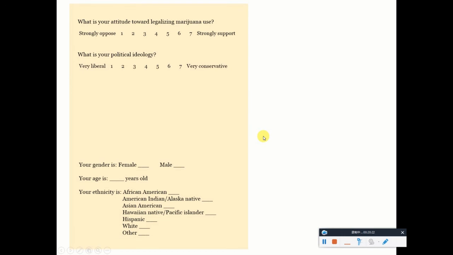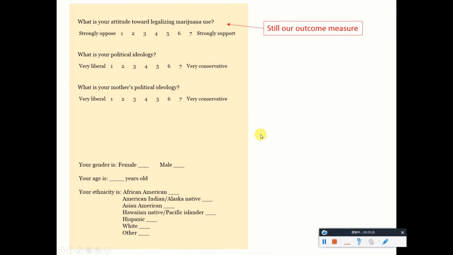Okay, so to make our survey even more complicated, we can start to include more than one predictor variable, right? We can include people's mother's political ideology, their family ideology, or their father's ideology as well.